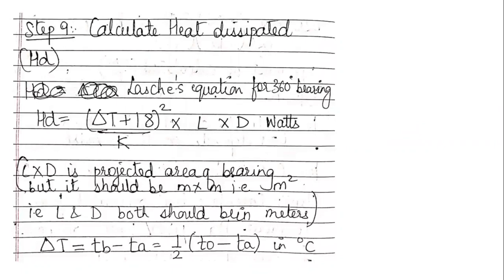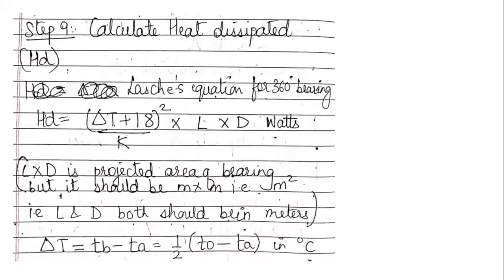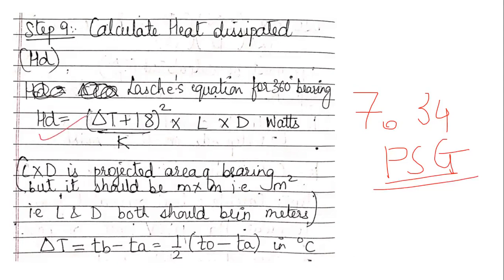Heat dissipated, you can do it from the equation available on the same page where heat generated was available, that is page 7.34 of PSG design data book, where heat dissipated is delta T plus 18 whole square by K into L into D, where delta T is nothing but the difference of temperatures of bearing minus temperature of surrounding air, and that we take as half into TO minus TA.